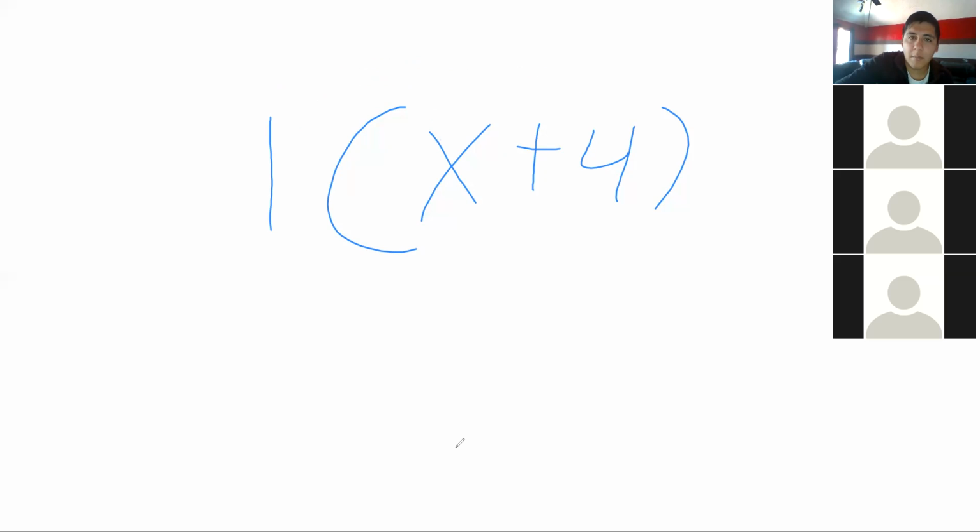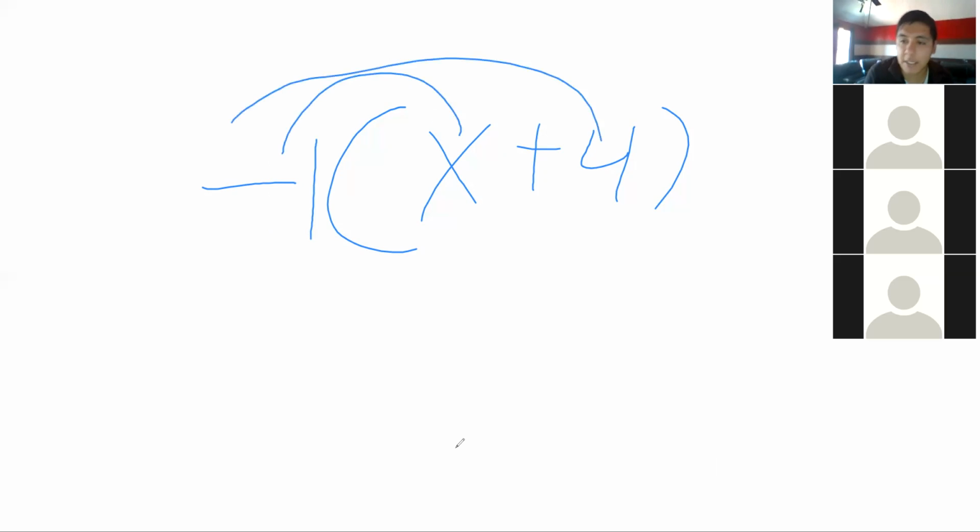But now let's just say we have a negative on the outside. That's a -1, right? And this becomes important because then if we distribute, it changes everything inside. So -1 times x turns it into -x, and -1 times 4 is -4.